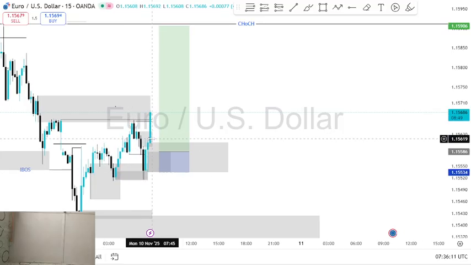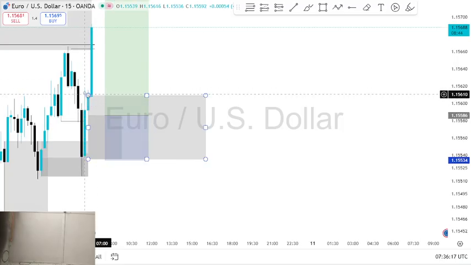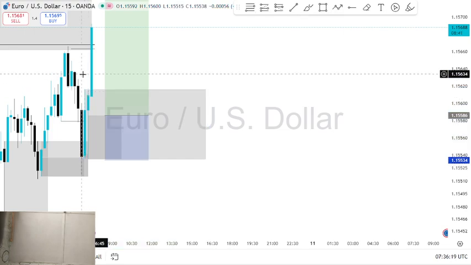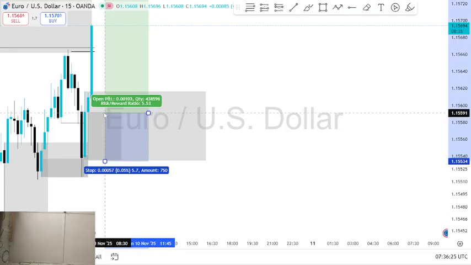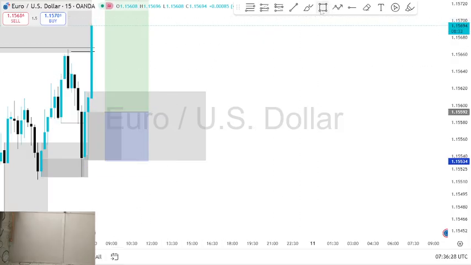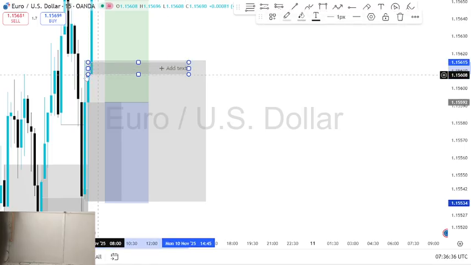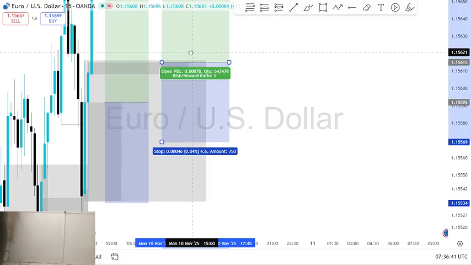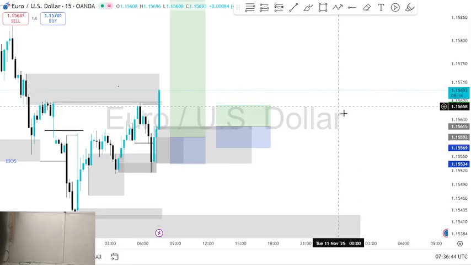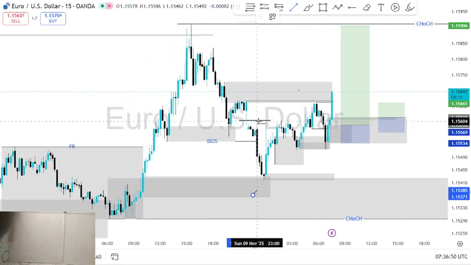So looking at this, we've had a flip here. So this one, you see, in essence, it is liquidity burden.